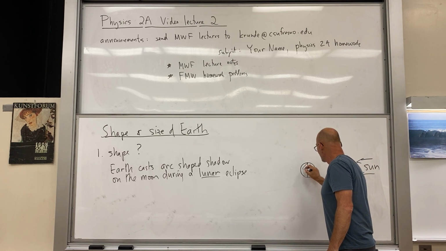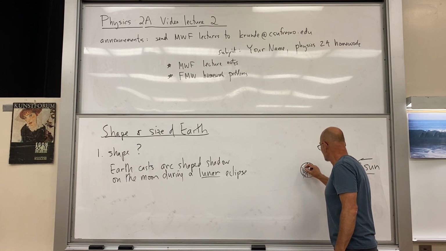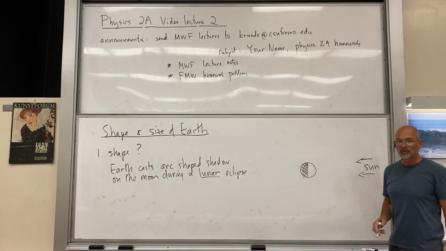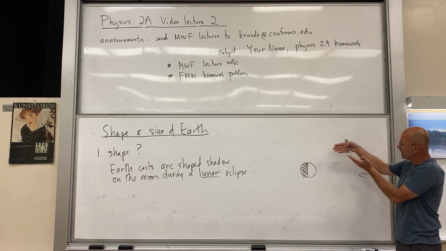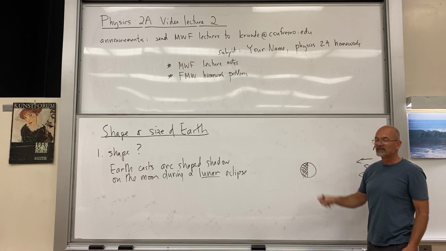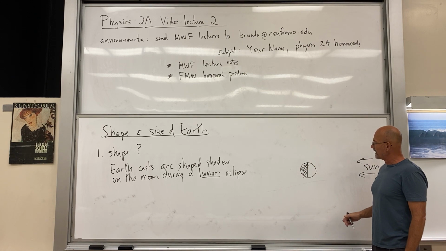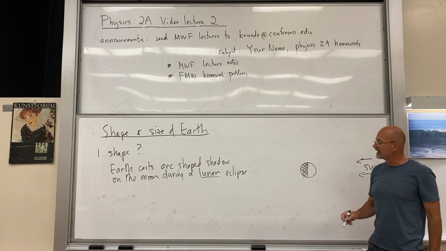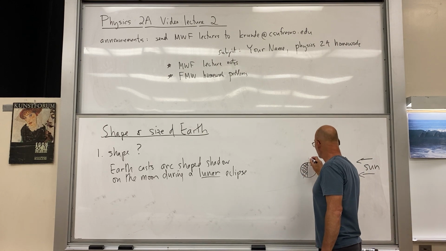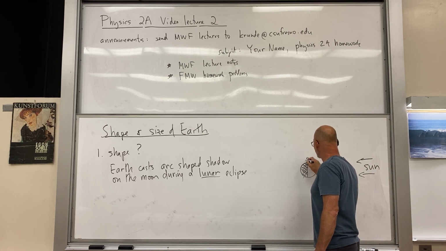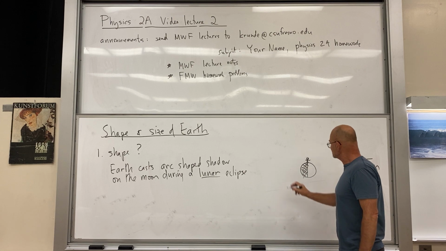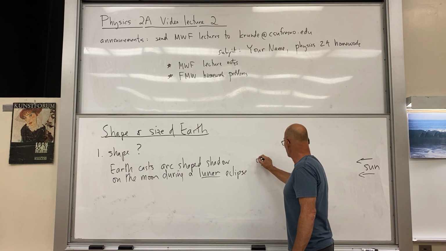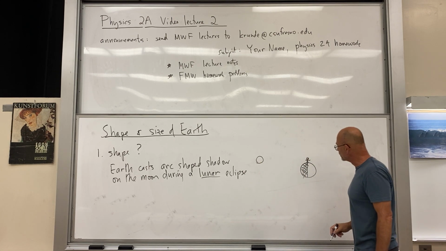Then what's day and what's night? Well, if the sun is over here, this is our Earth, this is day and this is night. Okay. Now, if you ever see a lunar eclipse, say you're standing here on the edge of day and night, and out here is the moon.